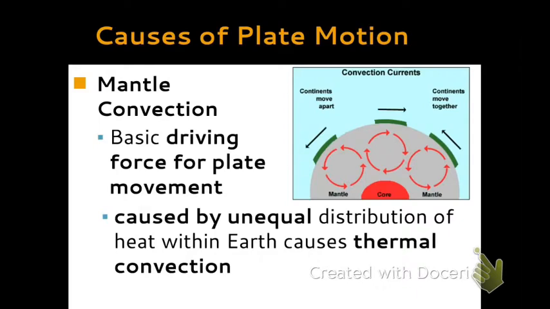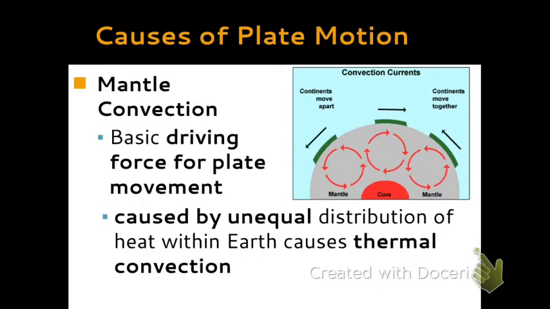The crust is basically layers of rock sitting on top of liquid magma. So if the magma is moving in a circular motion, that's going to mean that the plates are also going to move. They're floating on top of it. So convection is the driving force for all plate movement. And why do we have convection? Because there's unequal heating. And you already know that because we have heat transfer anytime there's unequal heating.